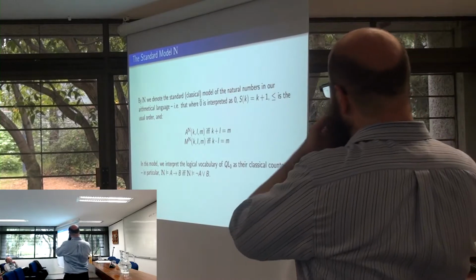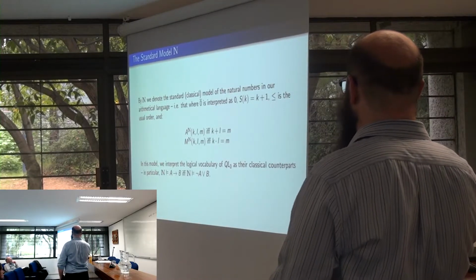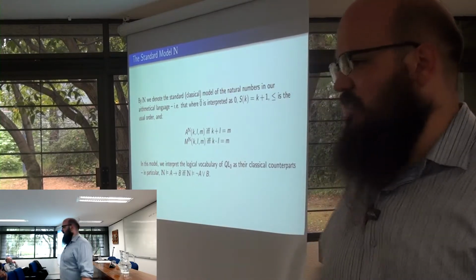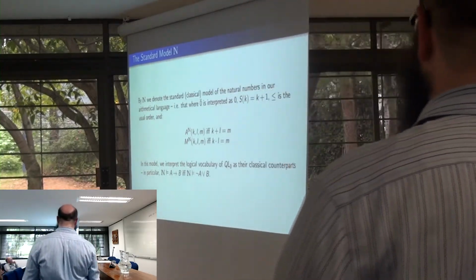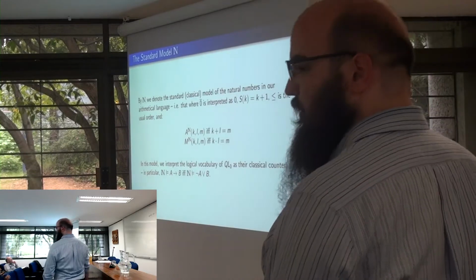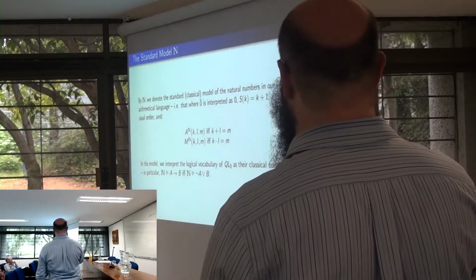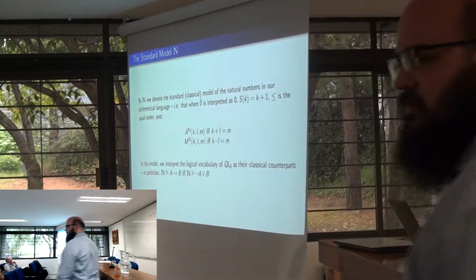And in this model n, we will also interpret the logical vocabulary as their classical counterparts. So negation in n will be classical negation. The arrow in n will be material implication, and so on.